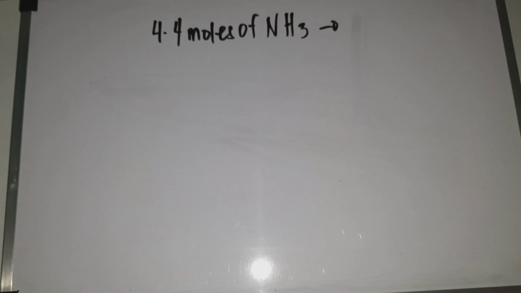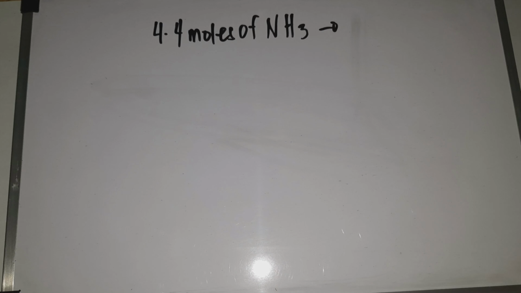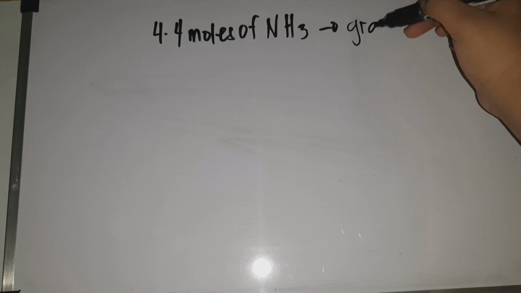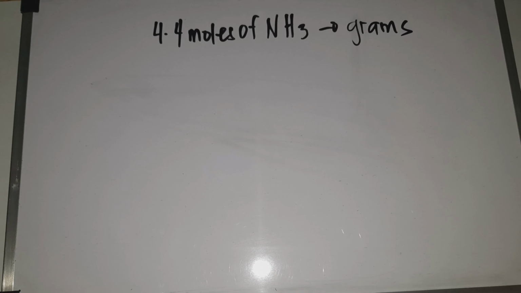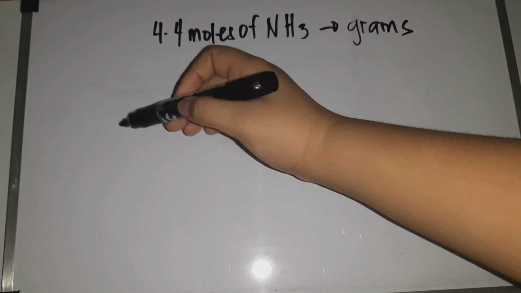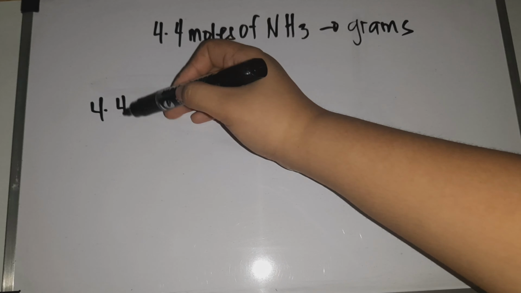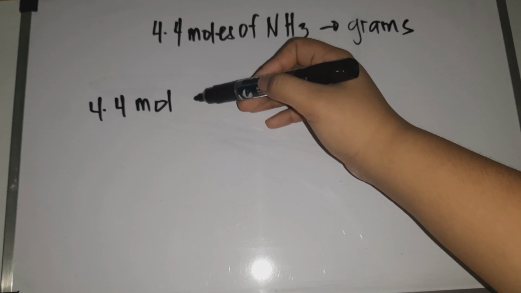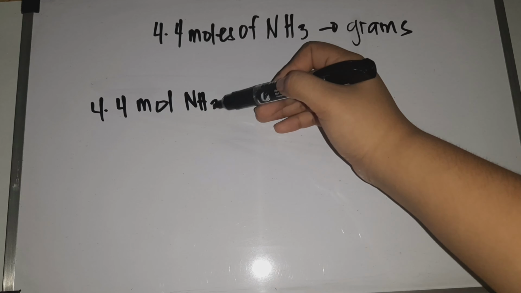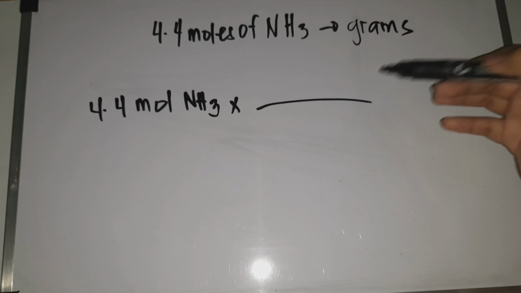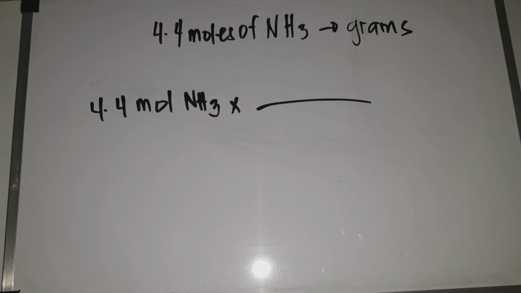So now we will convert the theoretical yield into grams, because in solving the percentage yield, we must use the unit of grams. So we have here 4.4 mole of NH3. Let's recall, how are we going to convert that? First, we must find the molar mass of NH3.